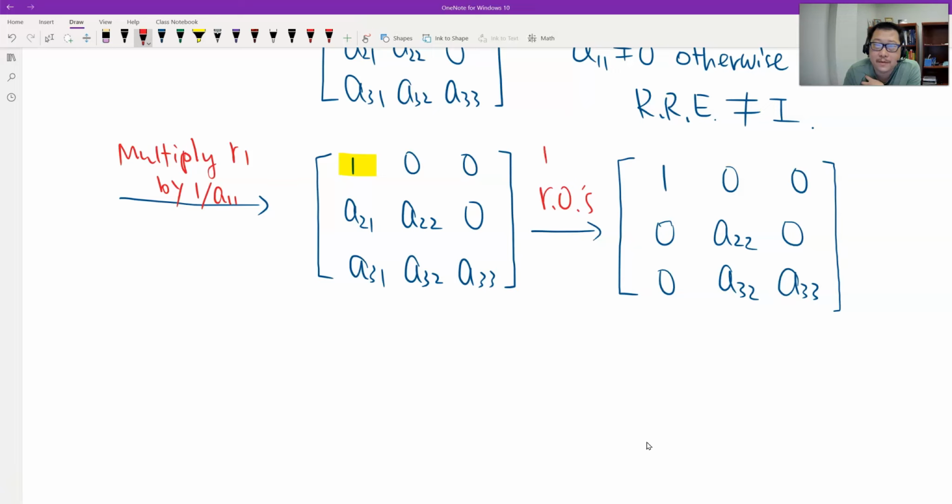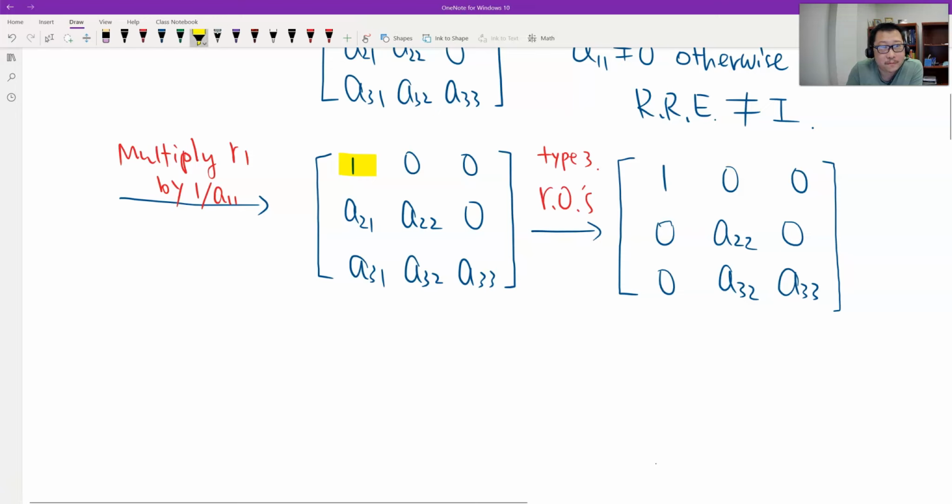Why do we keep A22 the same? Imagine the first row multiplied by negative A21. We only change this entry, and we will not change this one because there is a 0 there. And the other operation that makes this 0 also does not change it.